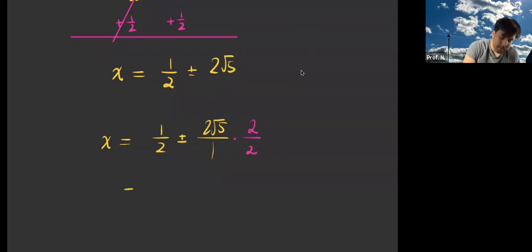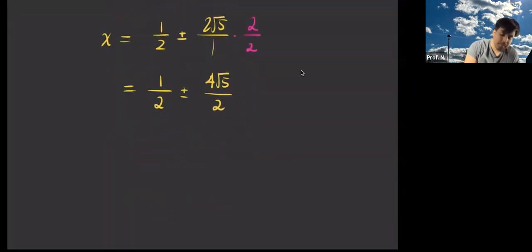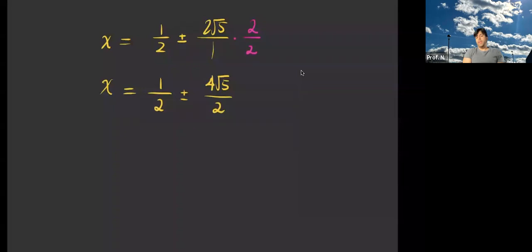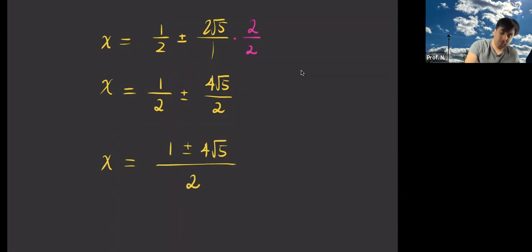And I get 1 over 2 plus or minus 4 rad 5 over 2. Now I have two denominators that are the same, which means I can combine the numerators. So this is 1 plus or minus 4 rad 5, and all of this is divided by 2.